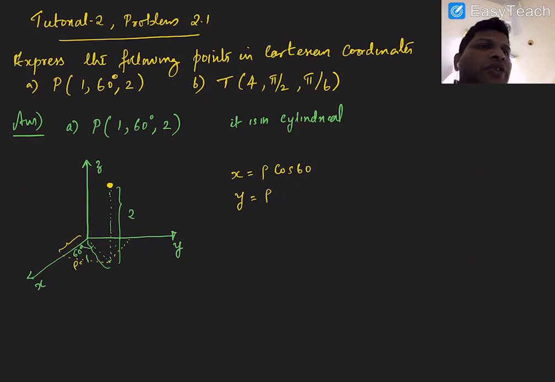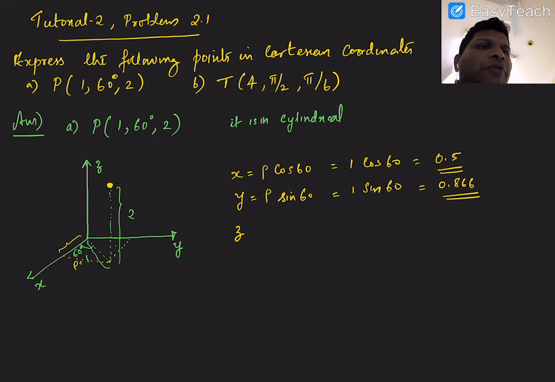We have already discussed these things in the class. So this is equal to 1 into cosine of 60 and 1 into sine of 60. So x will be equal to 0.5 and y will be equal to 0.866. I hope this is clear.